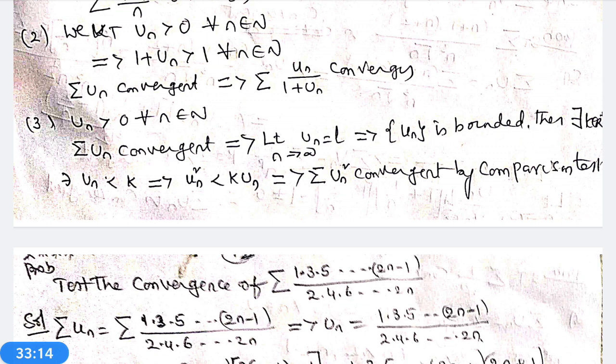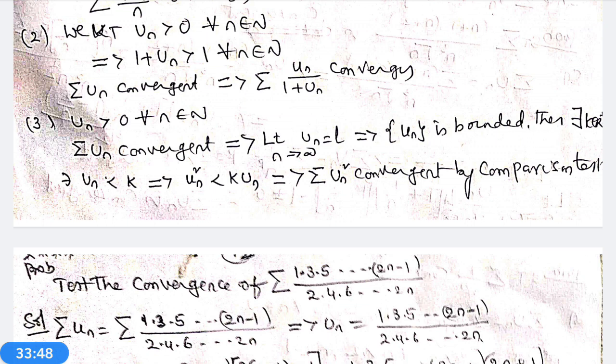Therefore, there exists a positive real number k such that un less than k. Multiplying both sides by un, un square less than kun. Sigma un convergent implies sigma un square also convergent. This is the third part.